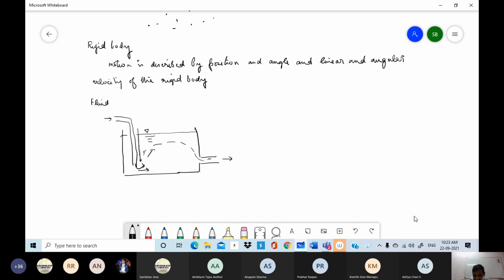If I assume that the blob of dye is going with the flow, whatever the velocity of that blob of dye, that is the velocity of flow at that position. Then as it moves along, at various instants of time, I can find out what its velocity is.